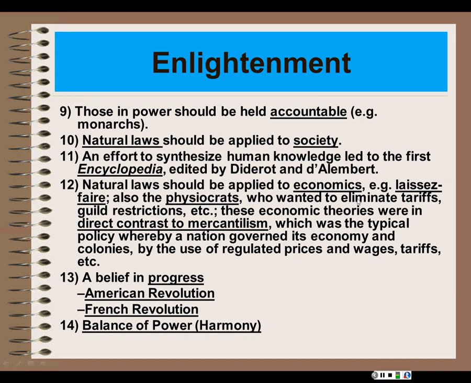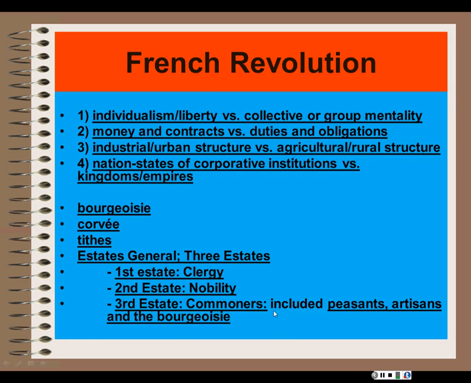The idea of laissez-faire economics, of getting rid of things like tariffs, of getting rid of mercantilism, of letting the scientific laws, the natural laws of the economy work, whatever those laws may be. The Enlightenment believed in progress, as demonstrated by the American Revolution and the French Revolution, and it also believed in a balance of power, that is, harmony.